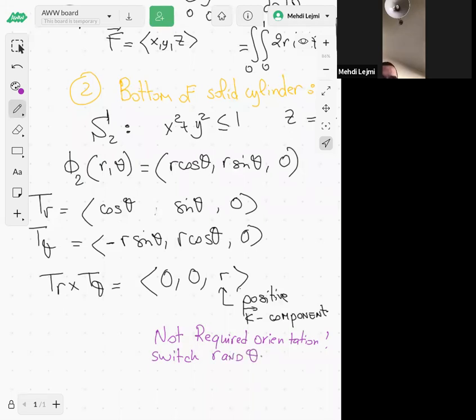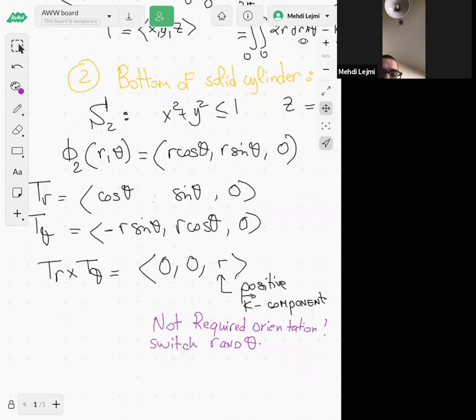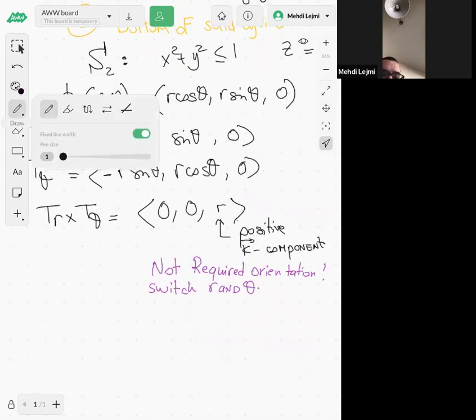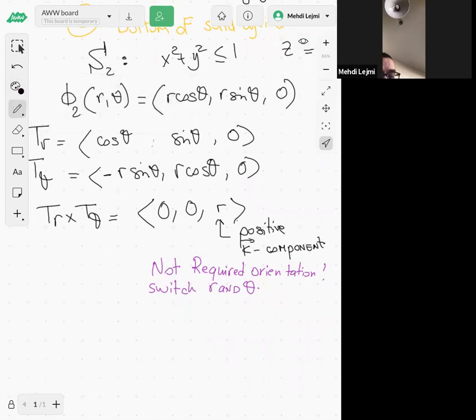What do I mean by switch r and theta? It's just the order. I need to change the order of the variables here. So phi 2 should be theta, r. Again, it's just the order. You need just to change the order of variables.